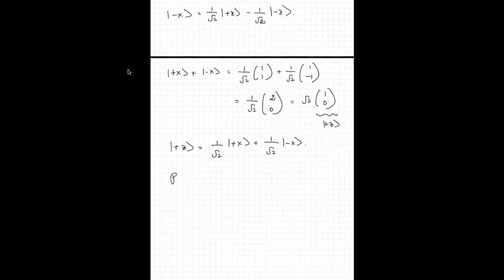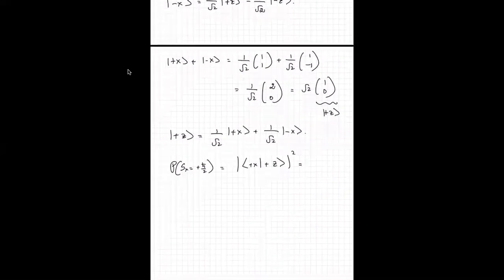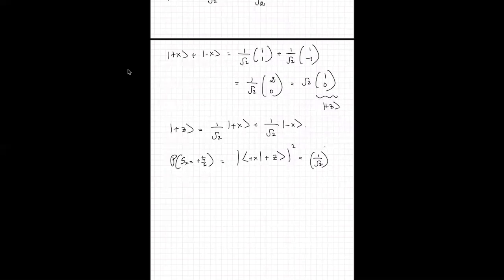The probability that I will get plus h bar, let me make this explicit: the probability of getting Sx equals plus h bar over 2 is the overlap of the plus x state on the plus z state, mod square. This is basically 1 over root 2 quantity squared, which is 1/2.